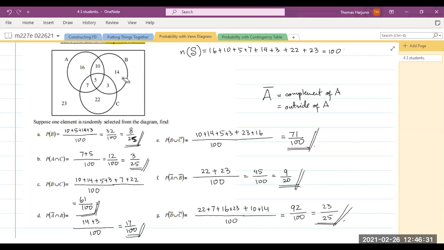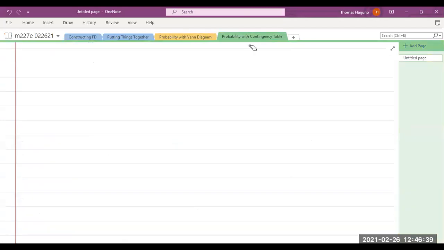Now, the next one is, how about computing probability with a contingency table? Let me go on to the last part of today's discussion. Let's take a look at a contingency table. What is a contingency table, Thomas? A contingency table looks like this.